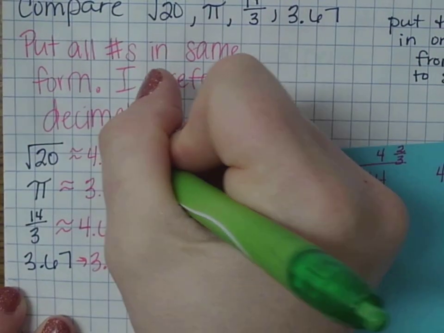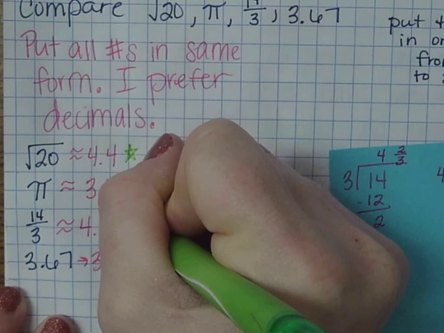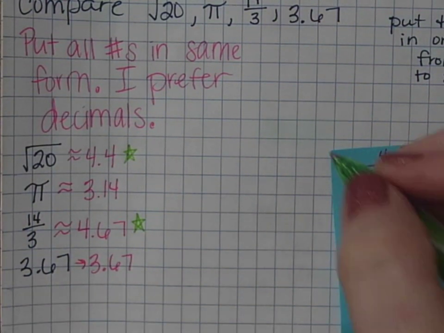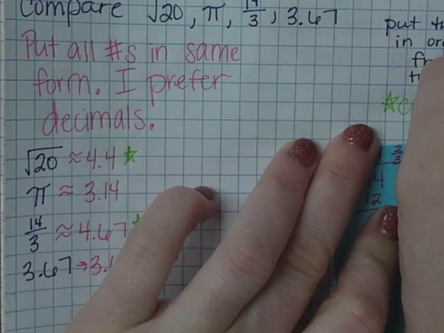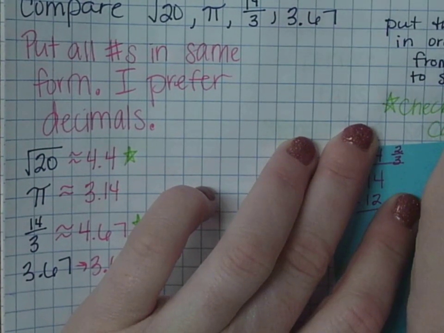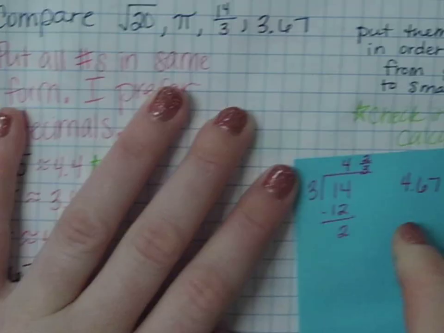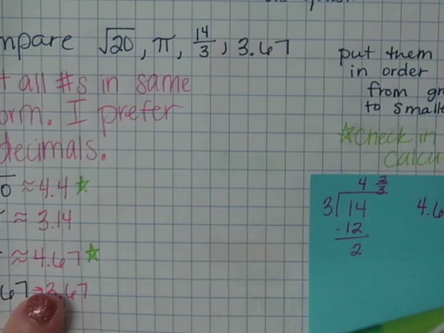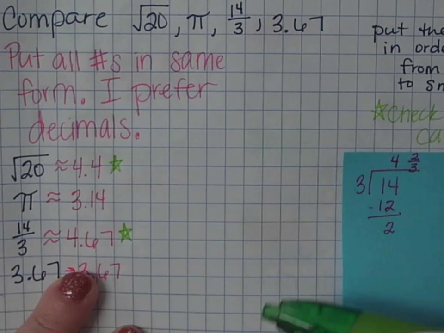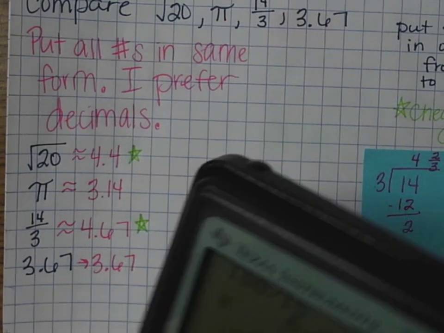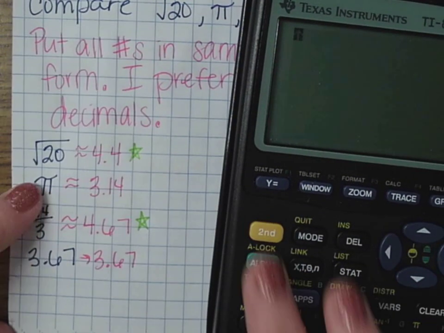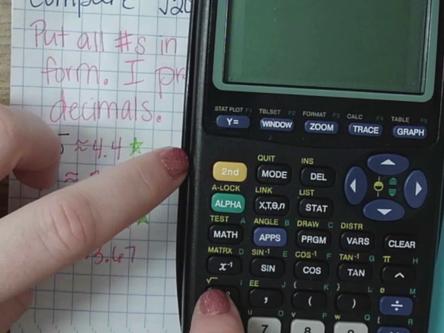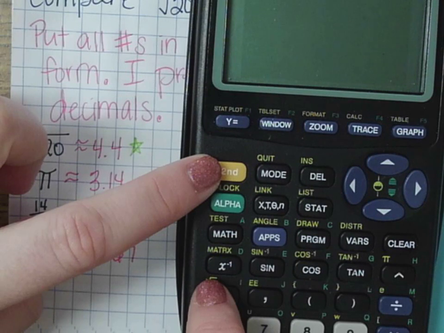Since this one and this one are both 4s with decimals, I'm going to check in my calculator. Just because if I made a minor mistake here with my remainder, I don't want that to be the reason that I miss it. So remember to hit second, and then that button right there, since the icon is in yellow, you want to use the yellow button.